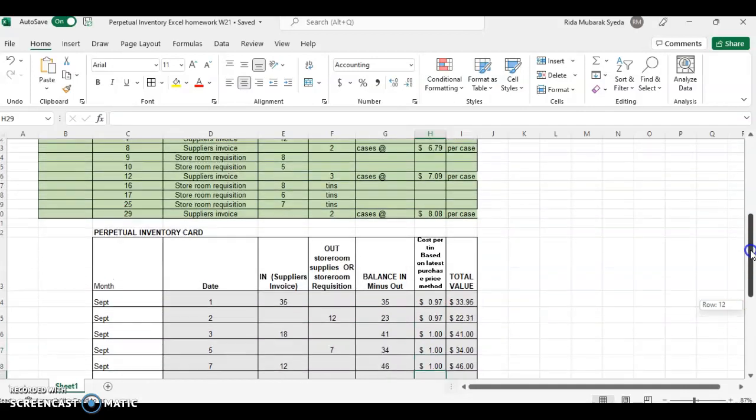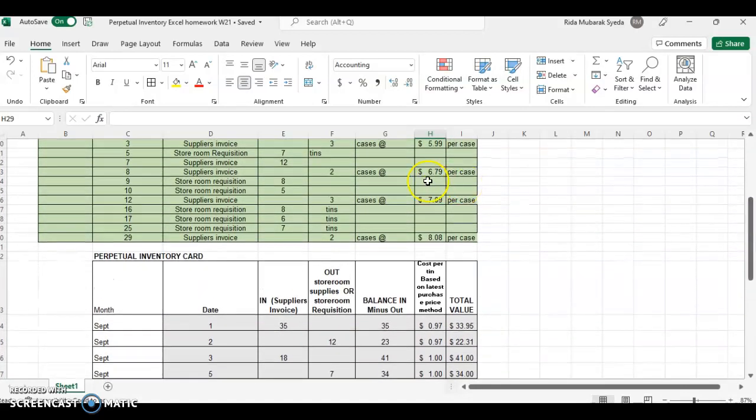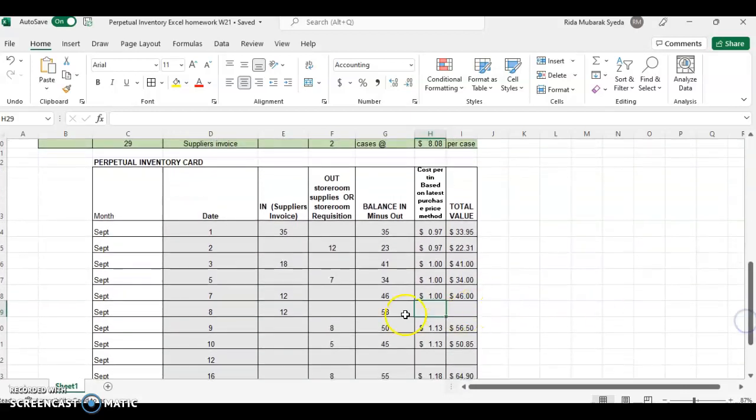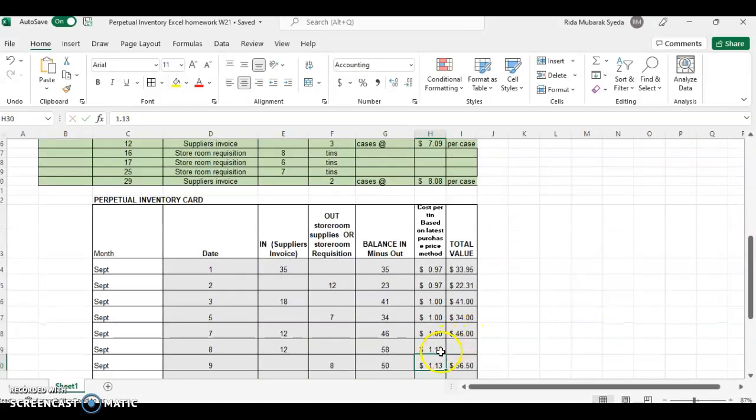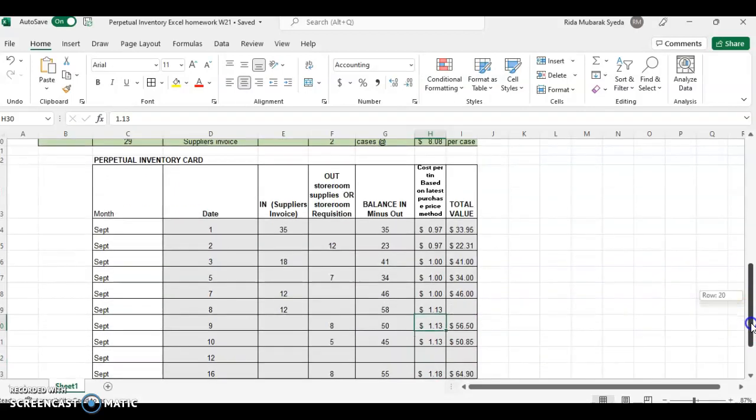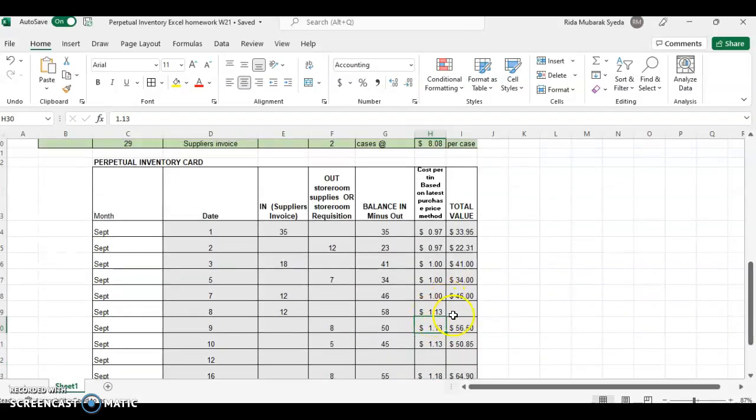Since over here we had a new value, which was $6.79 per case, when I calculated my purchase value, what I got was $1.13. So let's see if we get that same value. It was equal to 6.79 divided by 6, and that gives us $1.13. Yes, that's what I had on my paper calculation.